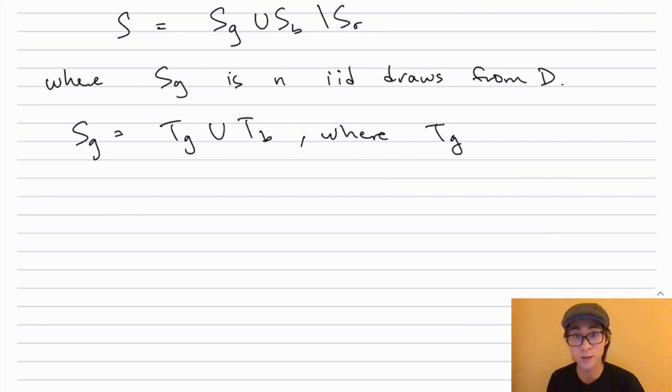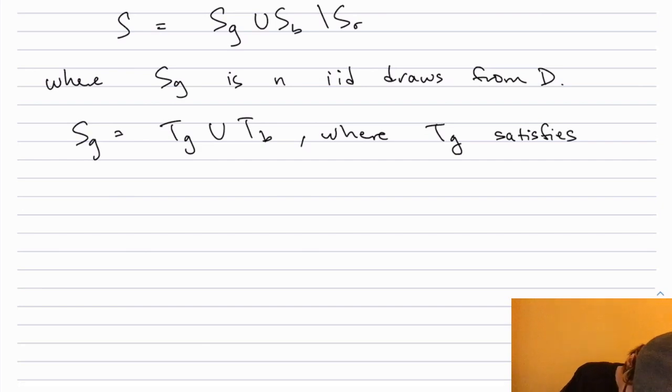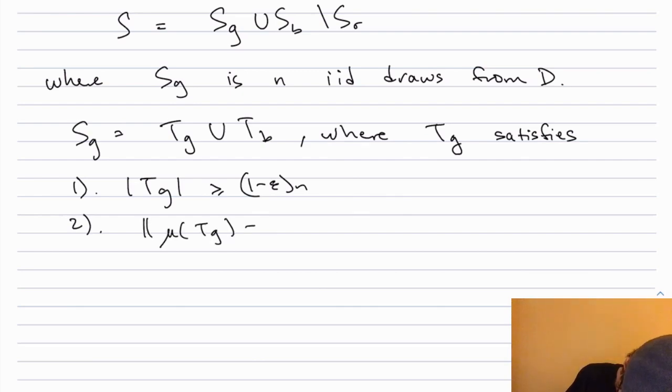So in particular, its empirical mean is close to the true mean, and it has large size and has bounded covariance. So let me just write that. It satisfies: first of all, its size is pretty large. It's at least 1 minus epsilon times n. Secondly, the empirical mean of T sub good minus the true mean is upper bounded by, up to constants, something like root epsilon.